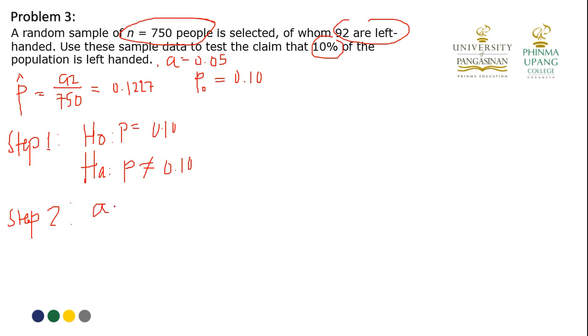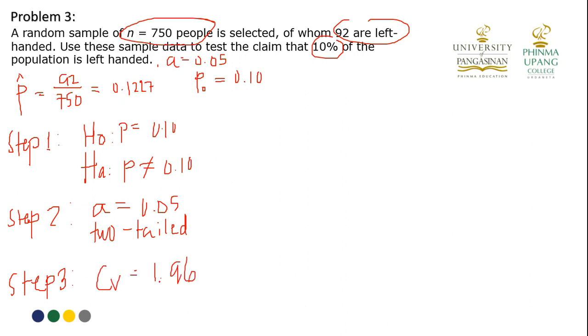The alpha is already given, 0.05, and 2-tailed siya. Then, what is the critical value, guys? 1.96. Okay, 1.96. Thank you.